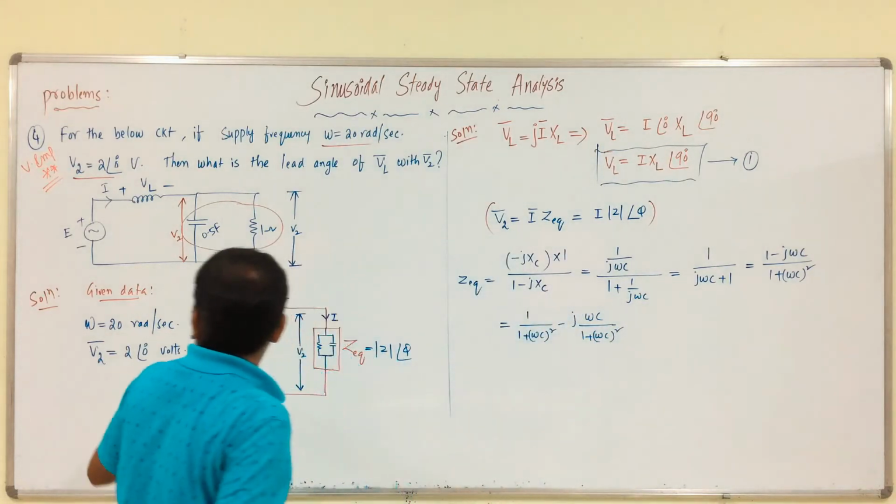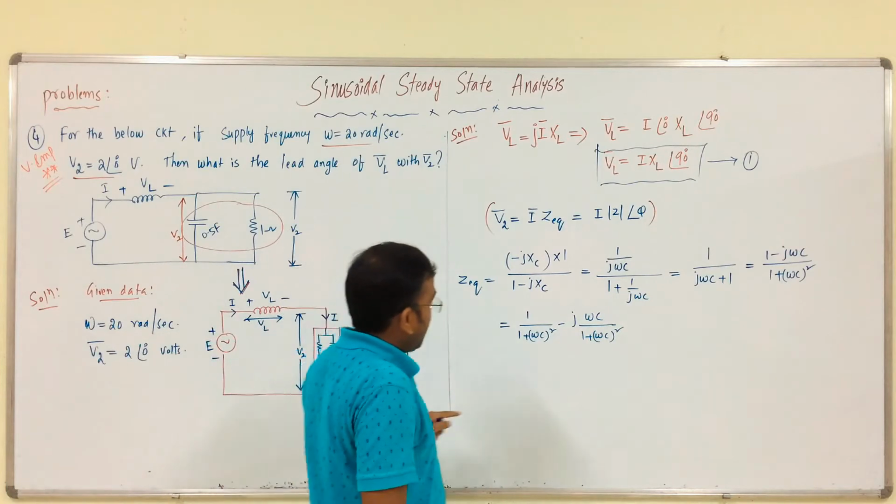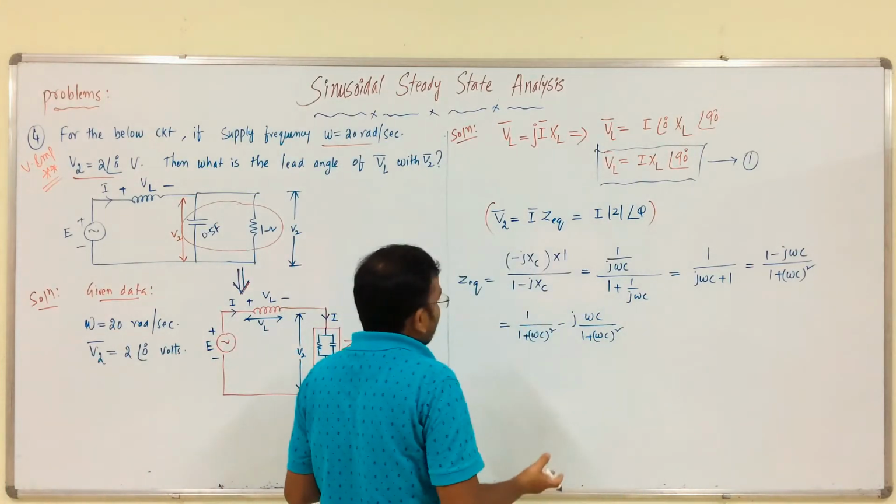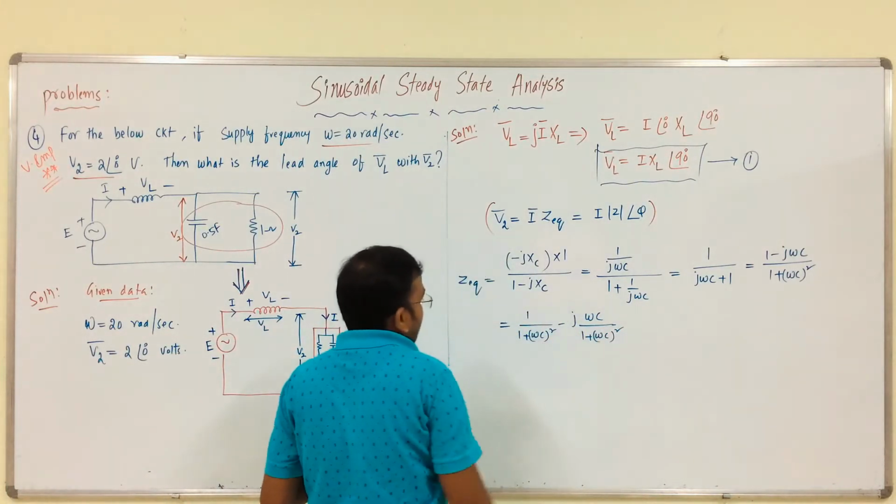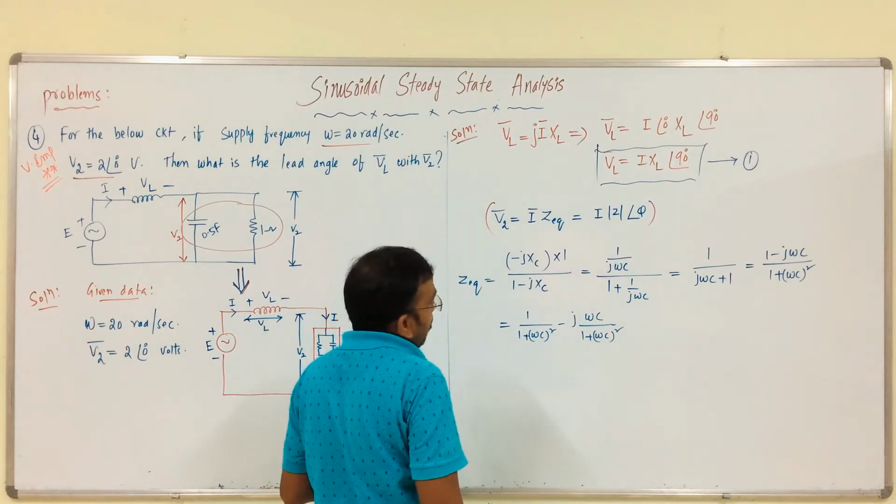He provided the value of omega as 20, so tan inverse of this part by this part is nothing but minus omega C.